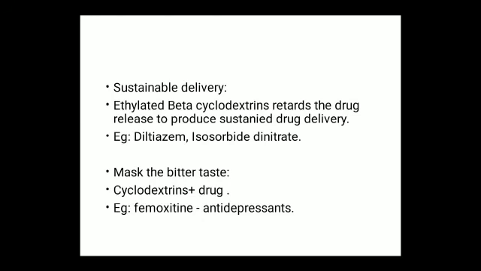These cyclodextrin complexes are useful to mask the bitter taste of drugs. When cyclodextrins are combined with drugs to form monomolecular inclusion complexes, these complexes are useful for masking the bitter taste of drugs.